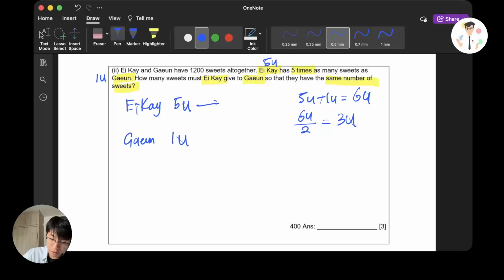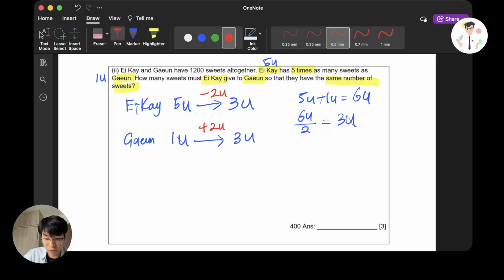So 5 units, you need to make it in such a way that it will be 3 units. And 1 unit, you need to make it become 3 units. So I can see from here that EK needs to minus 2 units away, and Gaen will be receiving that 2 units.